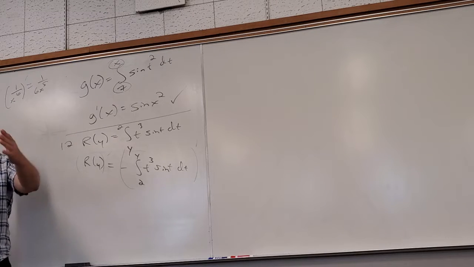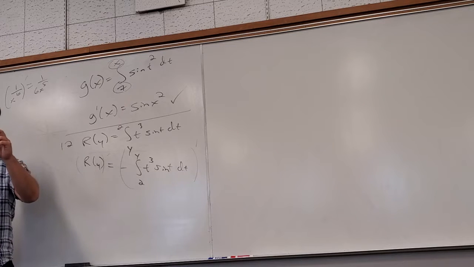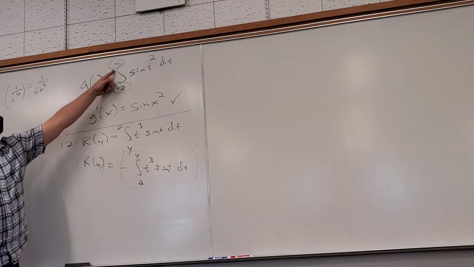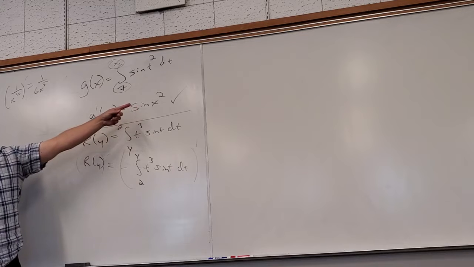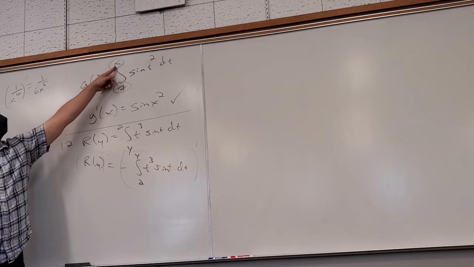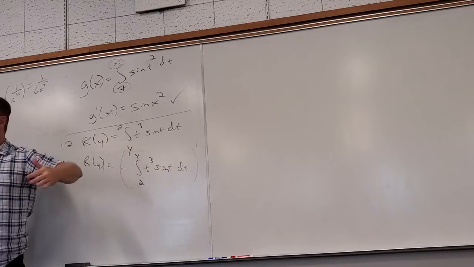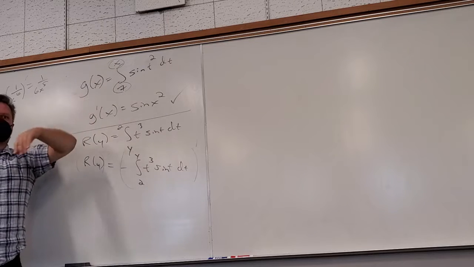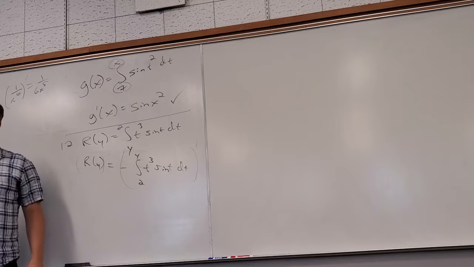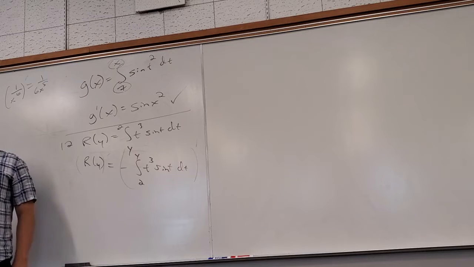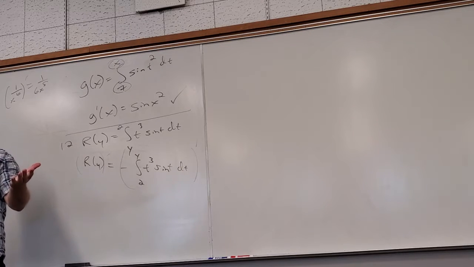Why does chain rule not show up? What's the inside variable? Here, and here, chain rule didn't happen, did it? Why? Because the inside variable was just x. It wasn't x squared. It wasn't sine x. It wasn't natural log of x. That would be a chain rule. Then you would have to do the chain rule.